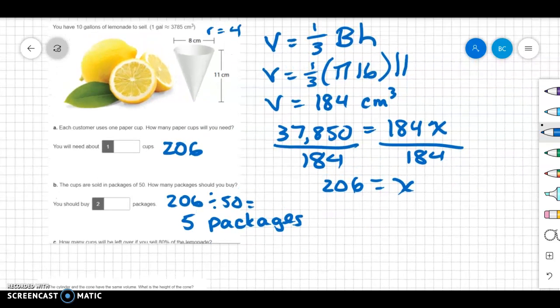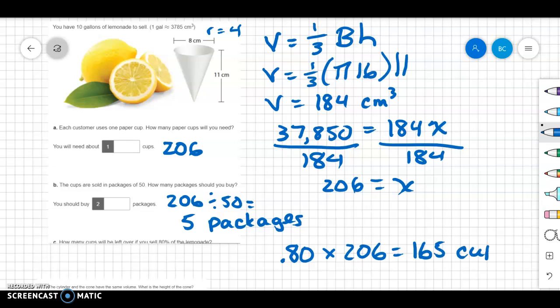And then finally, how many cups will be left over if you sell 80% of the lemonade? So if I sell 80% of the lemonade, then I'm using 80% of the cups. So 80% of 206 means that I need 165 cups.